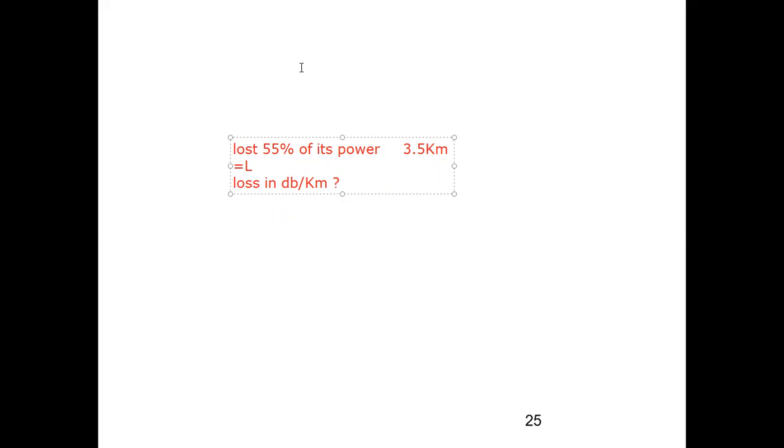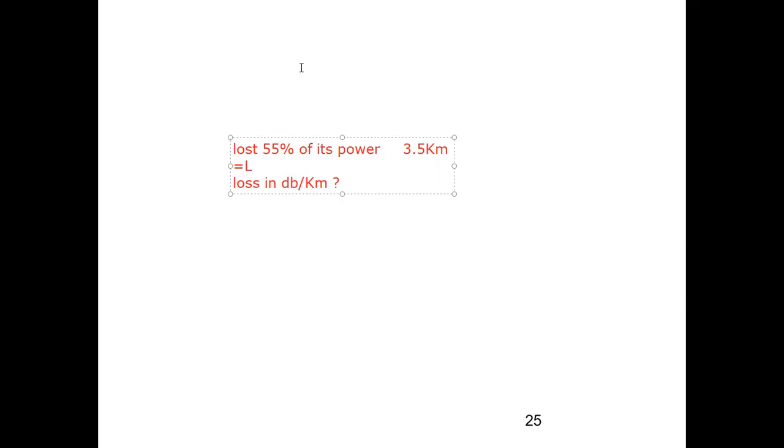So start with that. I hope you have. Yes, Nilesh has also written. Nilesh, just check again. 55% is lost, so only 45 goes to the output. 55% is lost in the traveling.